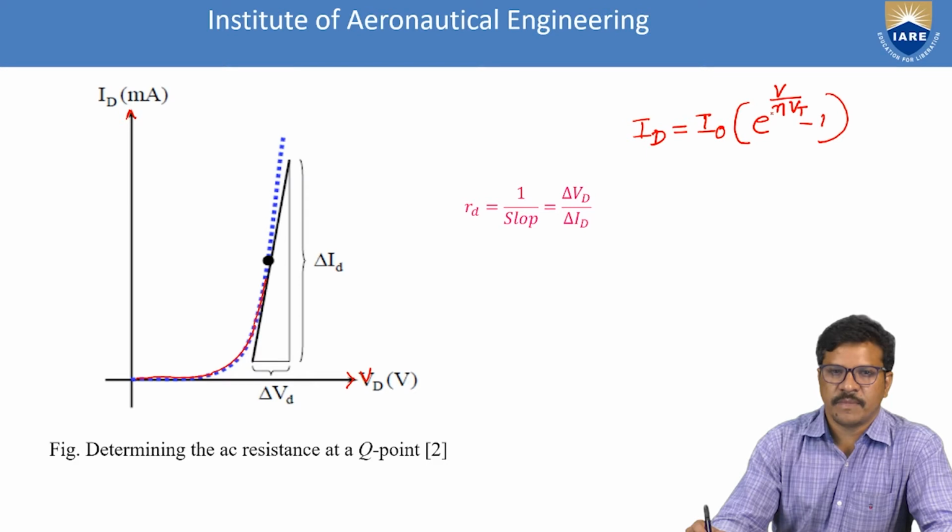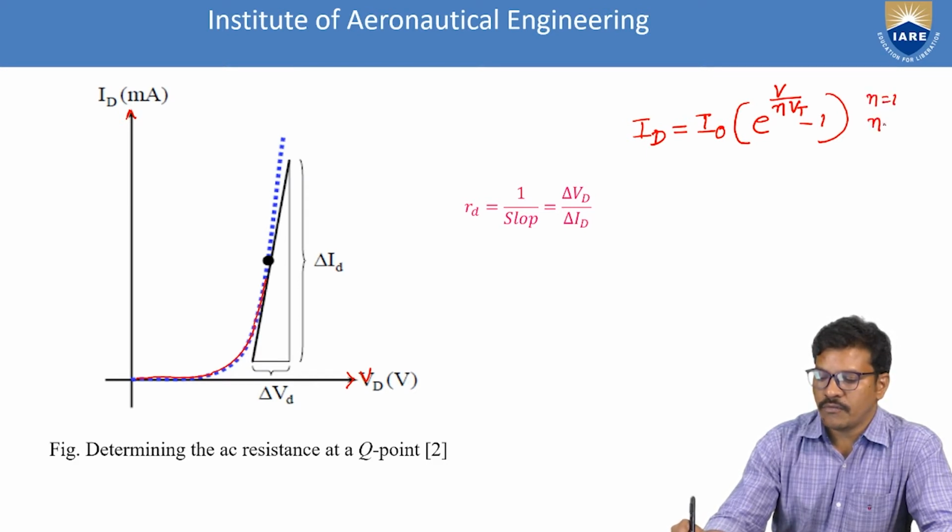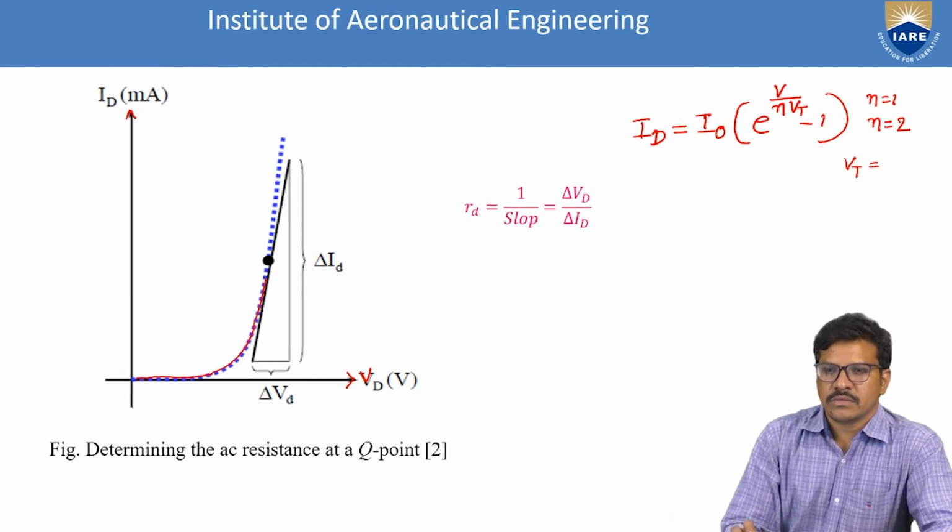If it is germanium, eta is equal to 1, and for silicon eta is equal to 2, and Vt is the volt equivalent of temperature. So this is the current that flows in the PN junction diode.